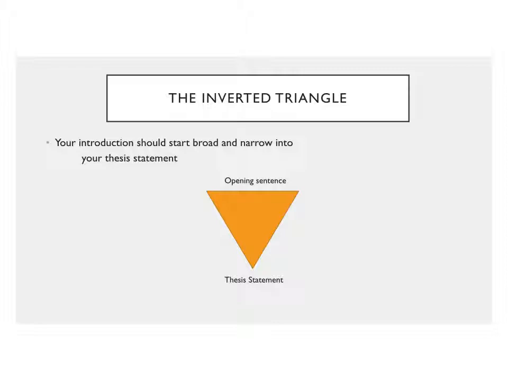And then as you go through your introduction, you are slowly narrowing into your thesis statement. That thesis statement is the point of the triangle. This is the narrowed in statement of what this paper is about. So while you're crafting your introduction, think about it in this visual form of an inverted triangle. That can be really helpful to imagine going from broad to narrow.